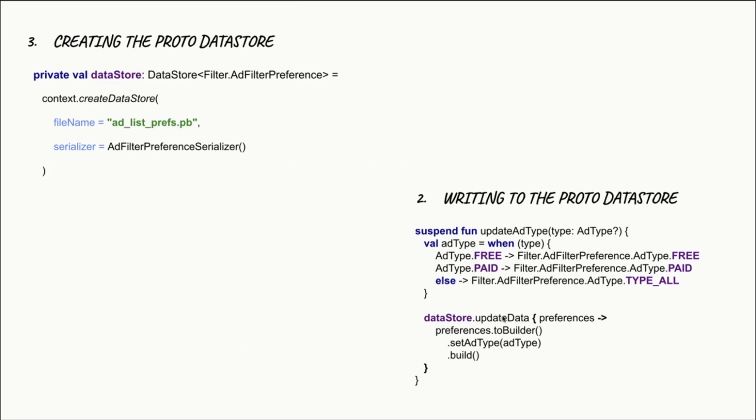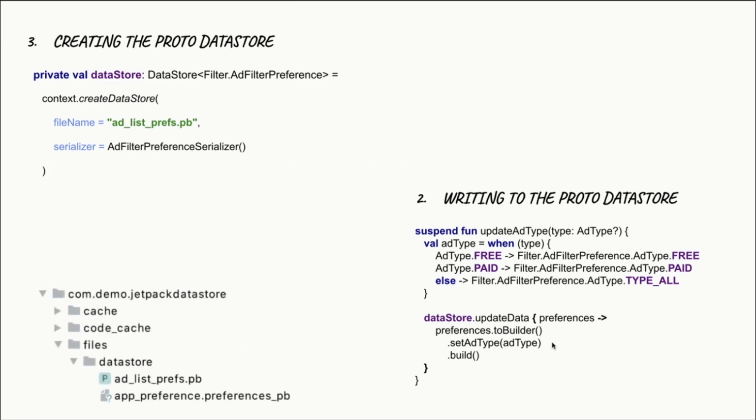Whenever you update, you call updateData, and inside updateData you create a builder. The preferences is the proto file that is created, and inside that you will see a builder, and in the builder you will find a method setAdType, and you can set it like that. So this is how you write to the proto DataStore.